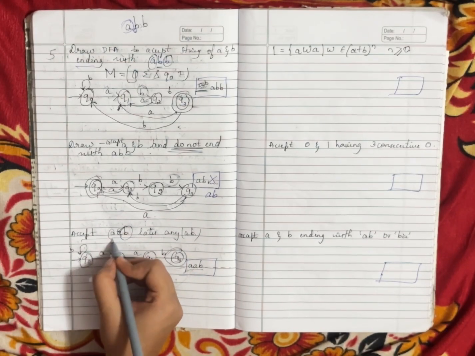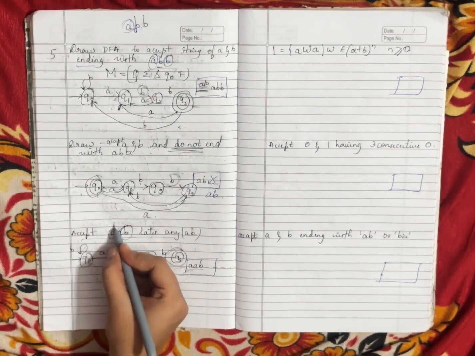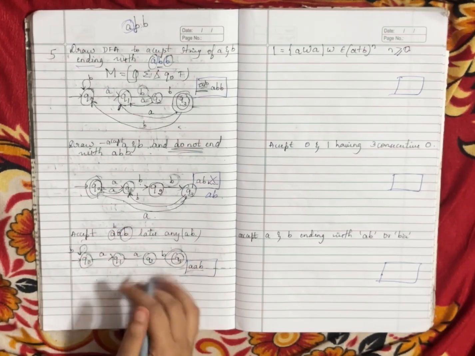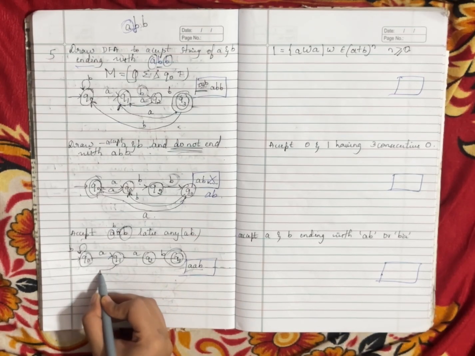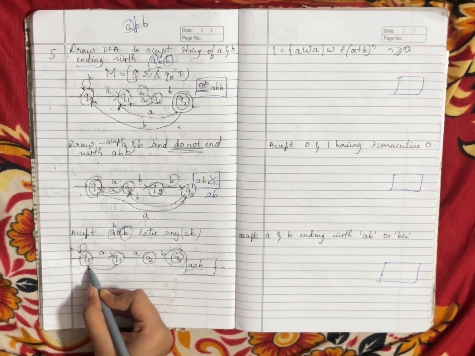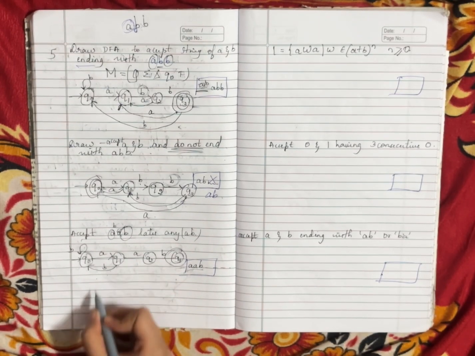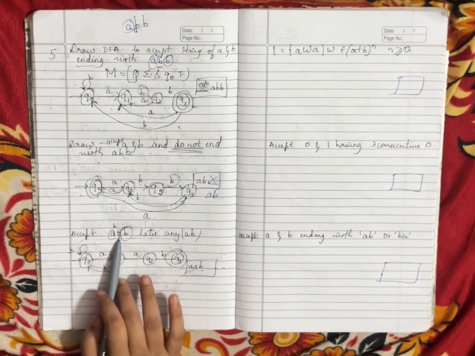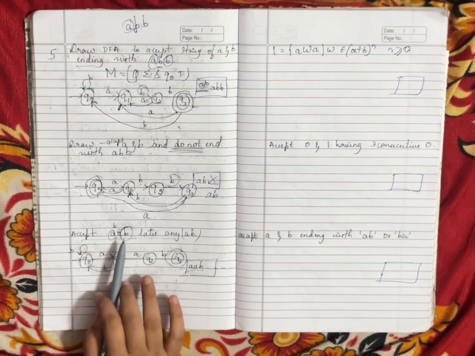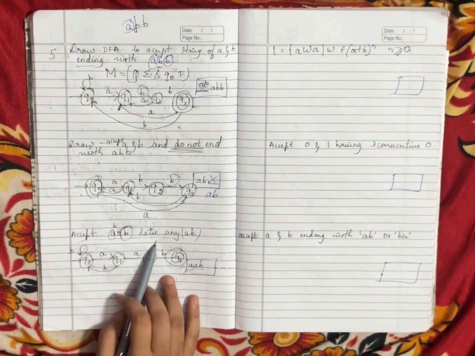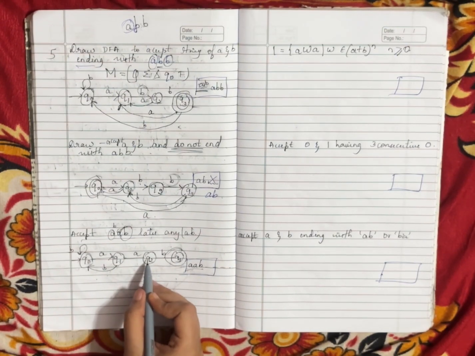So suppose after A, if some person sends you B, it should not be accepted. So if in Q1 state, if someone is sending B, it should not be accepted and it should be sent back. So I'll represent that B here. Similarly, after this A also, we should compulsorily get B only. Suppose if another A is coming after this A, we should again send it back.